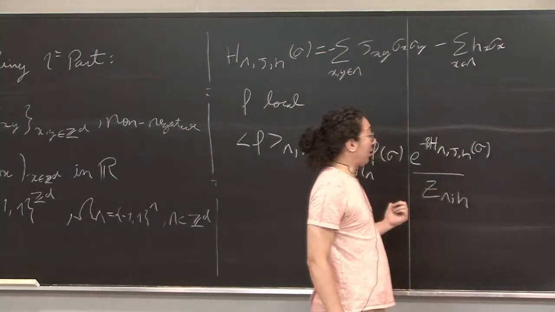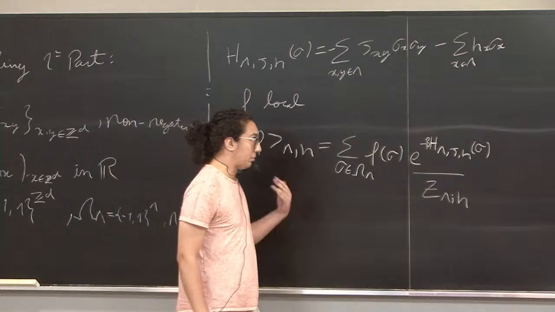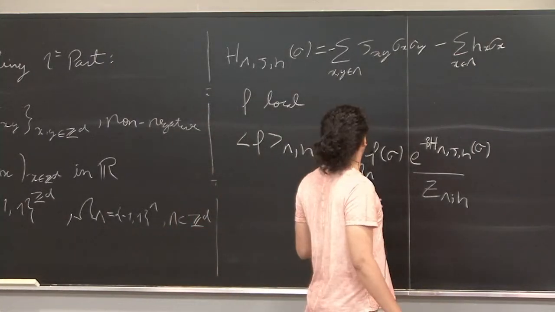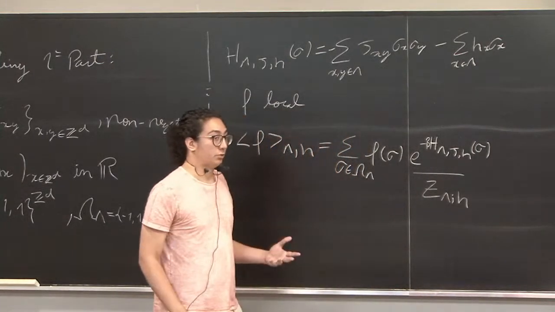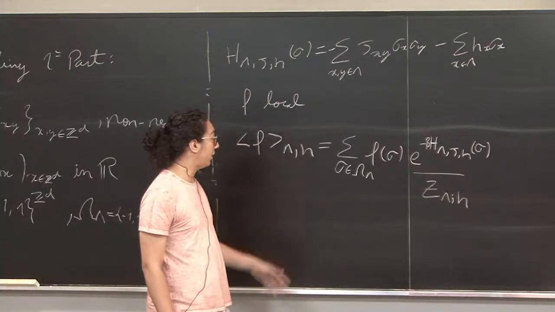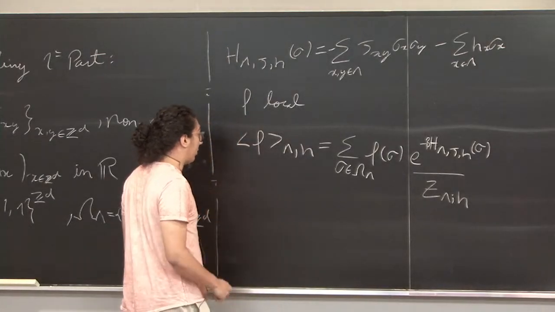But you remember, maybe even last class, you have a boundary condition on this state, right? There's nothing of this sort here, but you can recover the boundary condition.